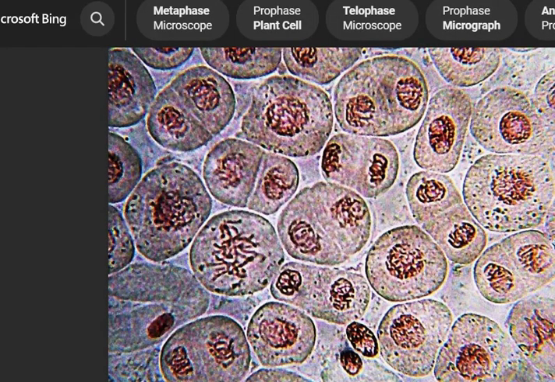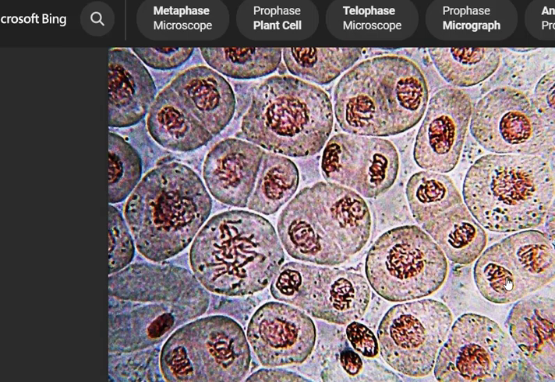This is a nice picture because it shows you all the phases happening all over the place. So you can kind of look around and say, okay, this one is in interphase because I don't see any chromosomes, and I do see the nuclear envelope. So this one's in interphase. If you look at this one, you go, okay, this is telophase, and the way I know is because you can see two cells right here that are getting ready to do cytokinesis and split.